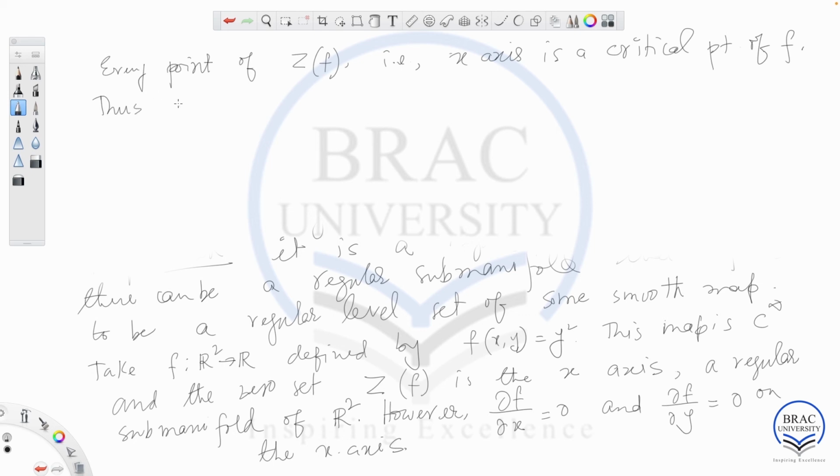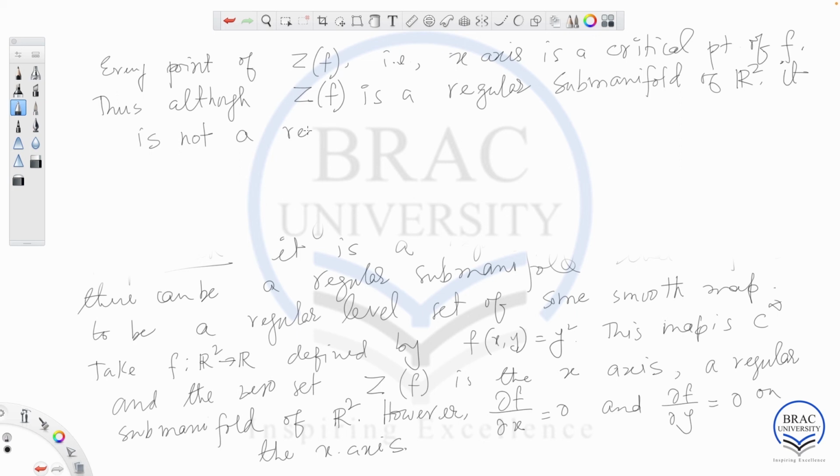Thus, although Z of f is a regular submanifold of R2, it is not a regular level set of f.